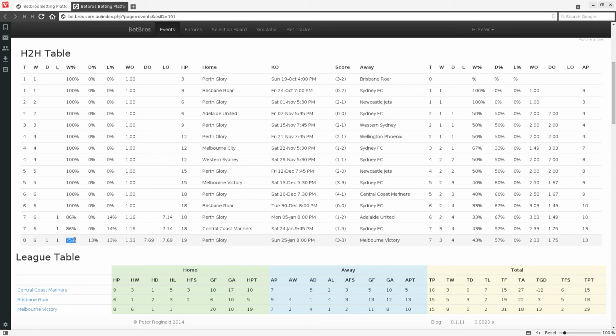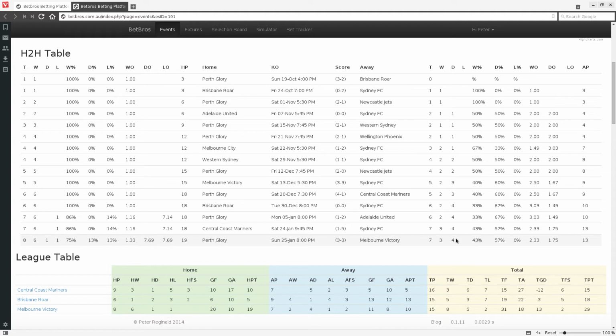So that's a 75% win rate. And if you converted that to odds, which is basically taking an inverse, 1 divided by 0.75, or 100 divided by 0.75, I think it is. Anyway, it gives you this figure.